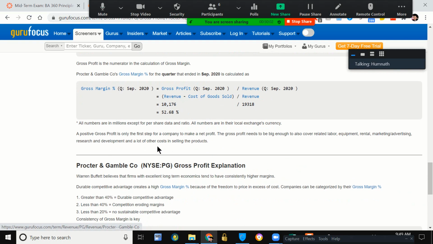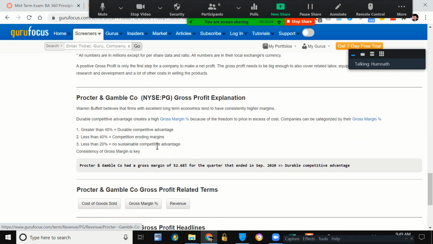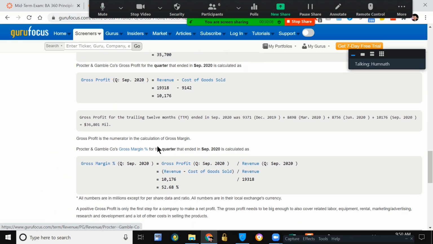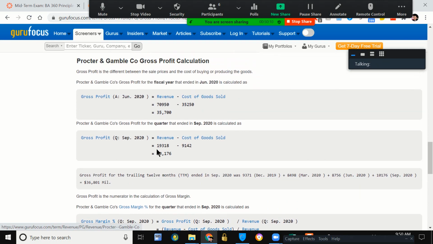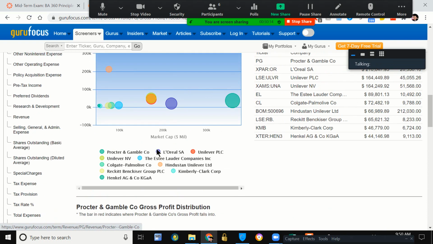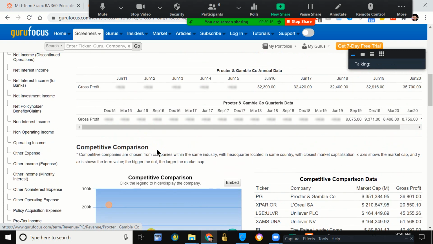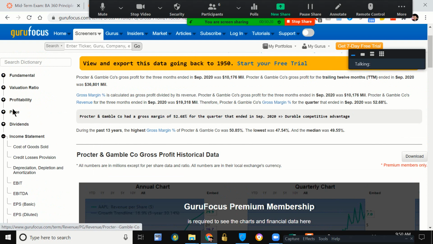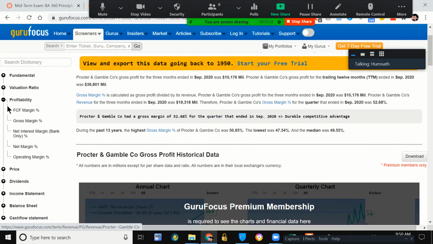Okay, profitability, gross profit margin, net. Okay, it's a net margin.